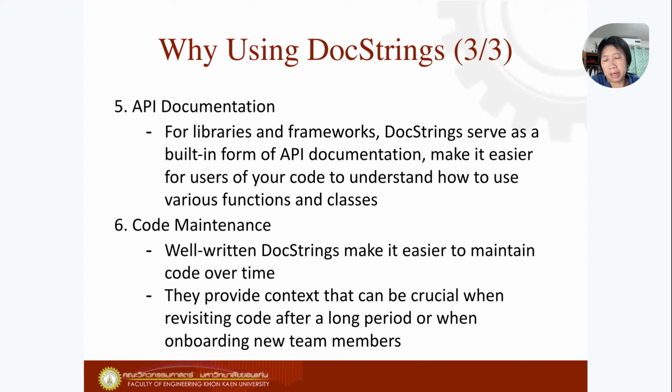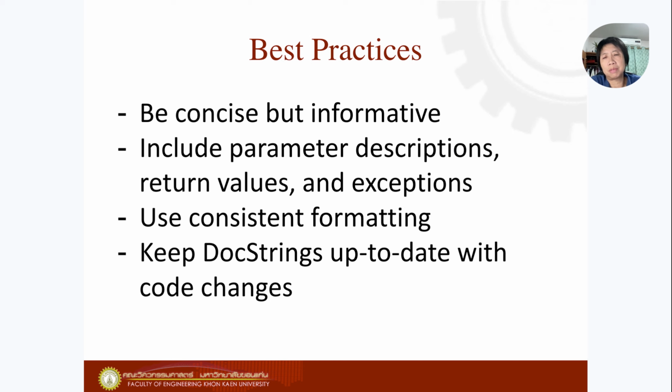And docstrings also help in code maintenance. Well-written docstrings make it easier to maintain code over time. They provide context that can be crucial when revisiting code after a long period or when onboarding new team members. So, for the best practice of defining docstrings, be concise but informative.